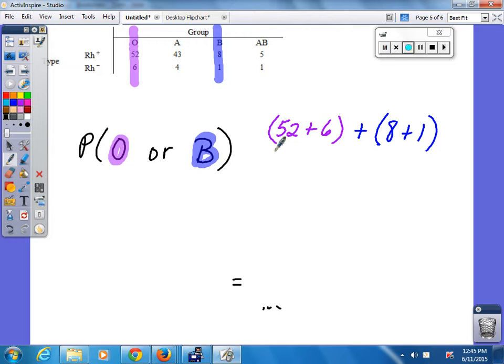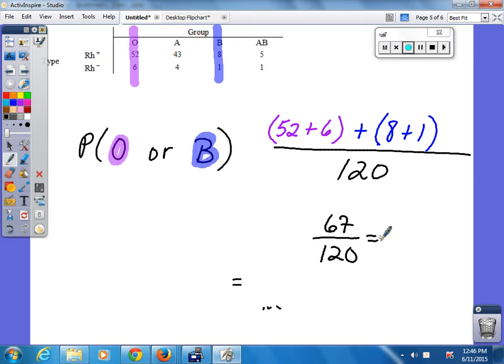Is there an overlap? No. So if there's not an overlap, you don't worry about it. Over what? 120. So 52 plus 8 is 60, 67. And somebody give me that decimal. 0.56.